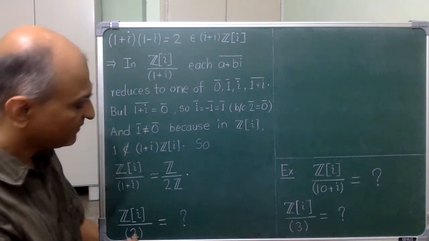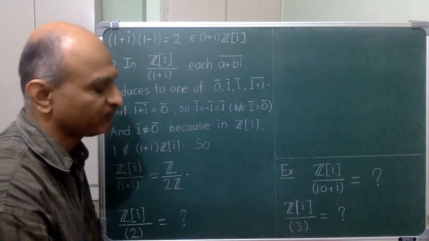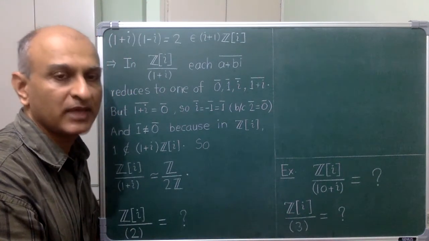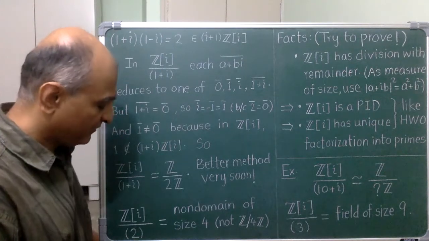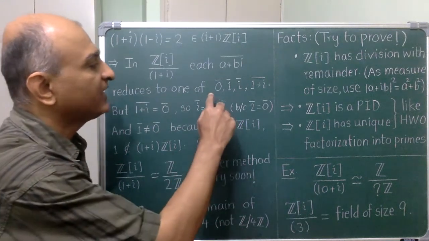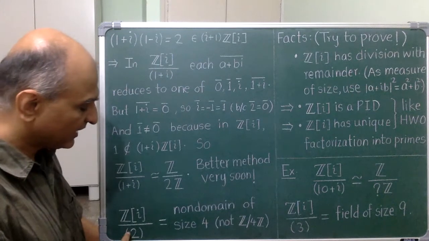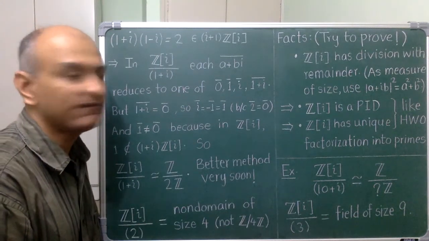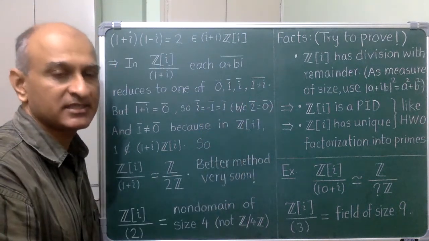Next, I have given you 3 more quotients of the ring of Gaussian integers. Again, try to say to the best of your ability what you can about these rings. In the first example, we are going modulo 2. So just like before, I reduced to these 4 congruence classes. Now, looking at the multiples of 2 in this ring, you should see for yourself that this time these 4 congruence classes stay distinct.